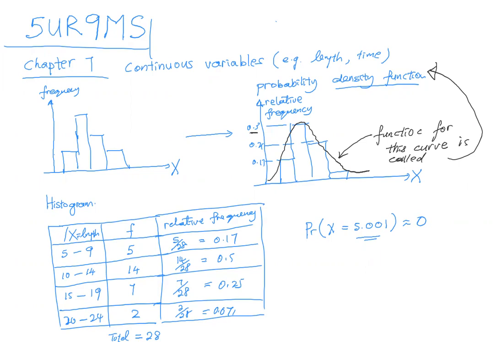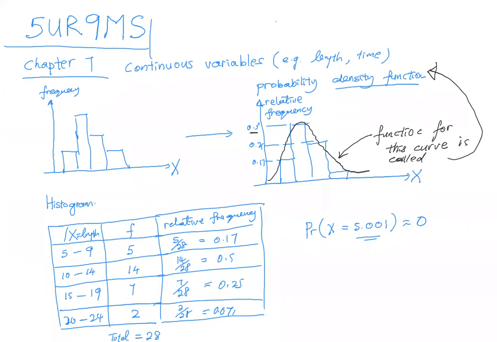So now we want to talk about the key point of probability density function. Do you know how the probability density function is obtained? We are plotting relative frequency against the variable, and from the curve we can see the probability for any length, right?